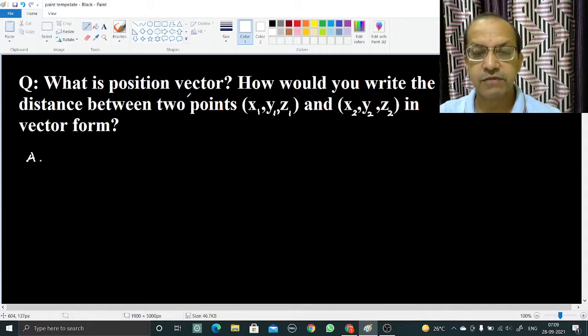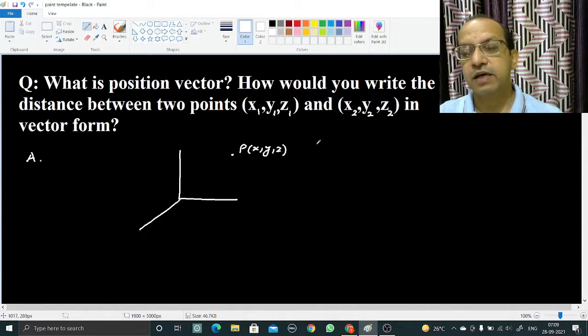The vector which describes the position of a point or position of a body is called the position vector. Now to define the position, we need some coordinate system. So in the Cartesian system, if the coordinate of a point P is x, y, z, to define the position of this point, we need some vector.